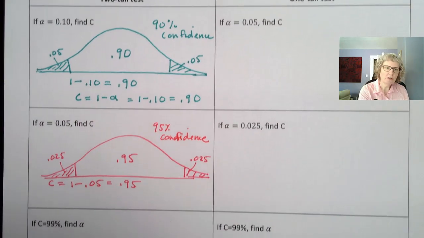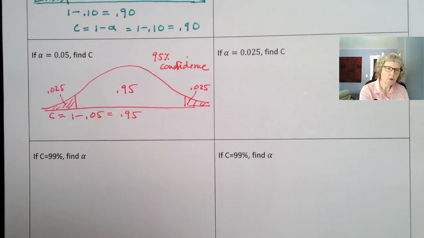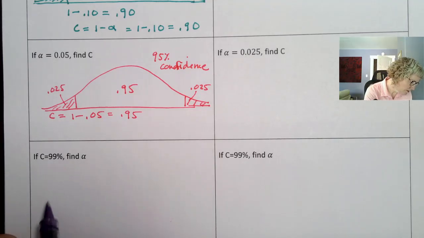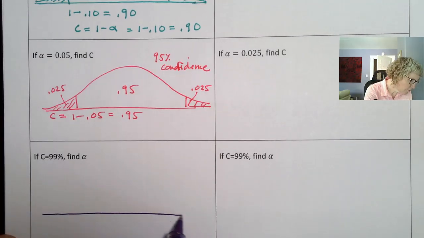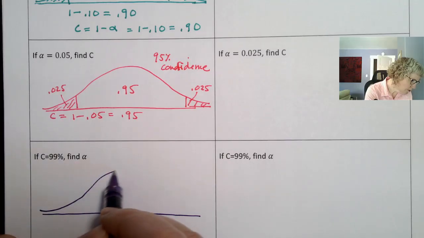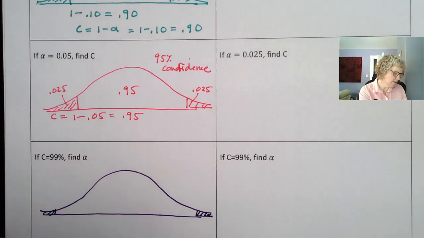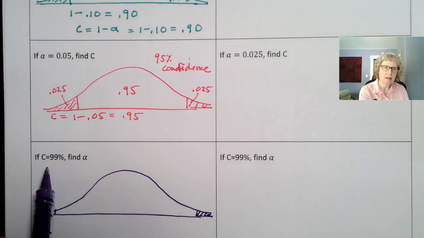Okay, now let's do one going the other way, and then we'll switch over to the one-tail test. Let me pick a new color here. Starting the same way, drawing the bell-shaped curve. And okay, I'll make it smaller this time, because it says if C, so we're going to go the other way.